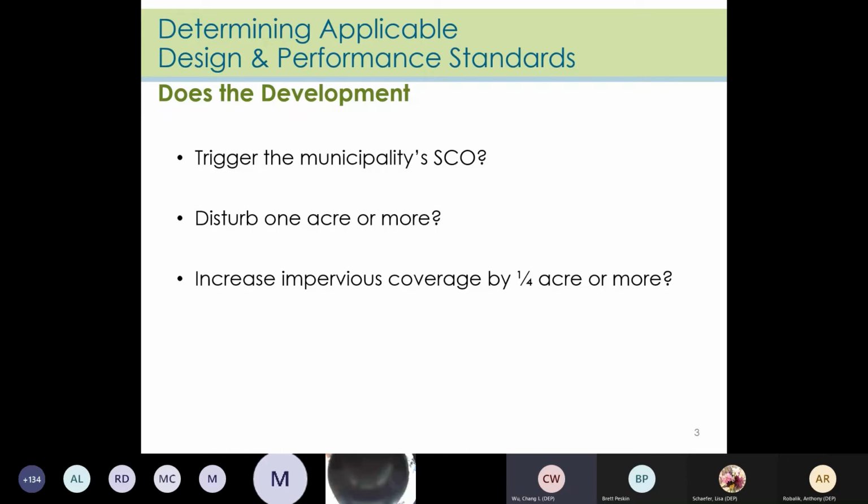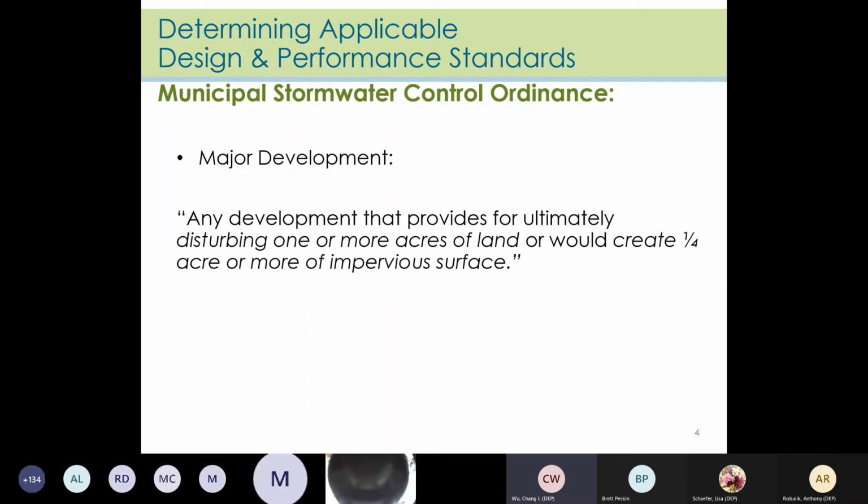And as I said, this project was coming before the new rule, so the SCO in the ordinance still only had the 1 acre of disturbance and also a 1/4 acre of impervious surface.